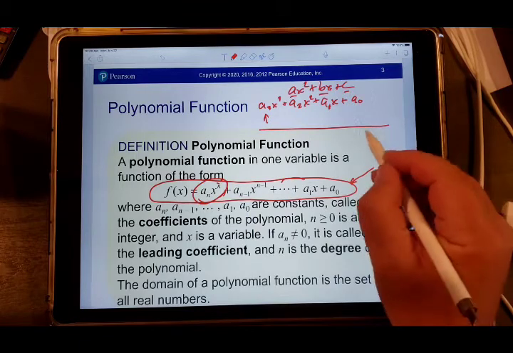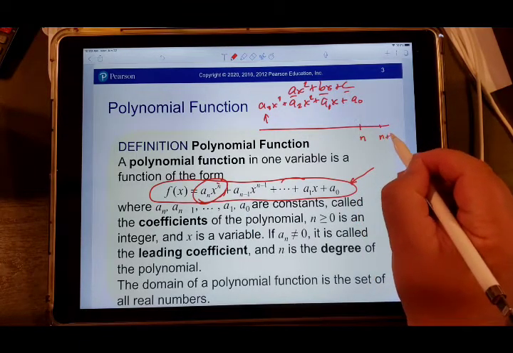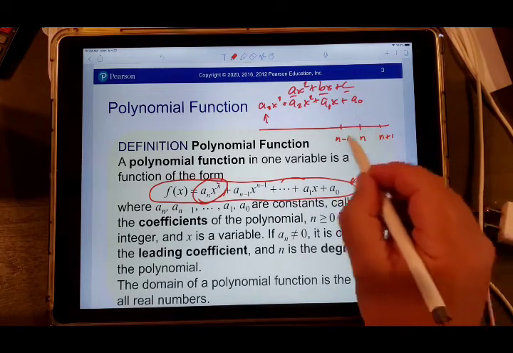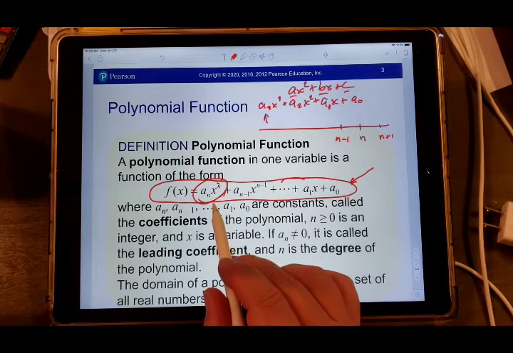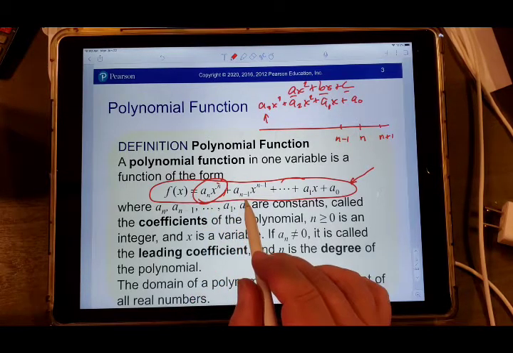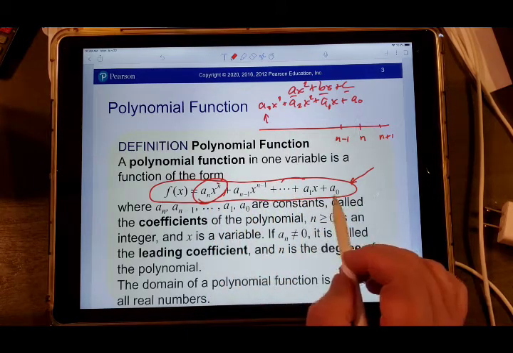If I have a number line, and this is the point n, the point after that would be n plus 1, and the point before that would be n minus 1. Not a deep idea, but that's what's going on here. If this is a sub n, the next one down would be a sub n minus 1, a sub n minus 2. Hopefully you get the idea.